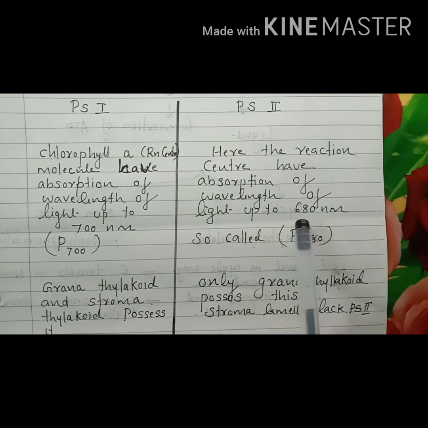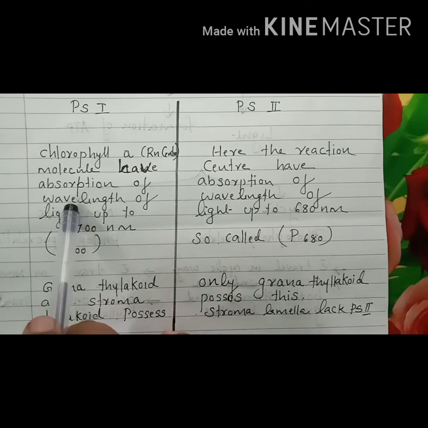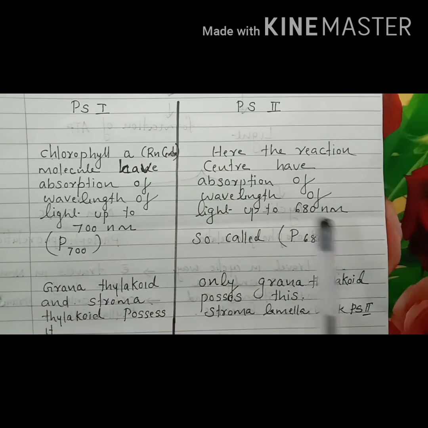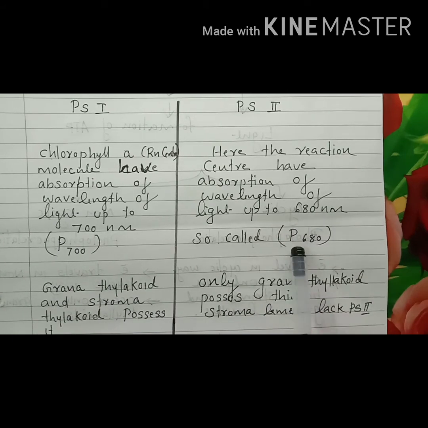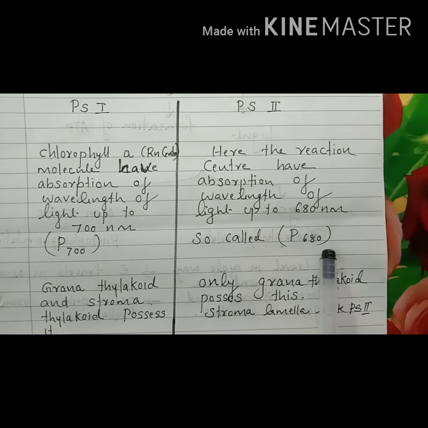So if a wavelength above 680 is coming, who becomes active? PS1 becomes active. So it is called P680.